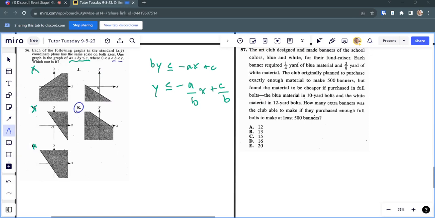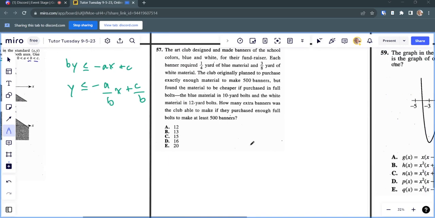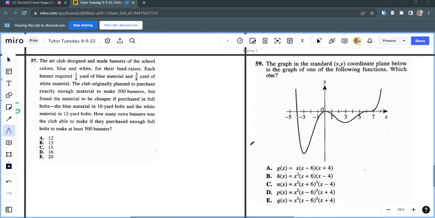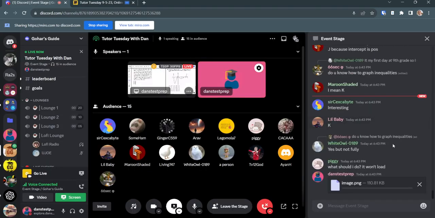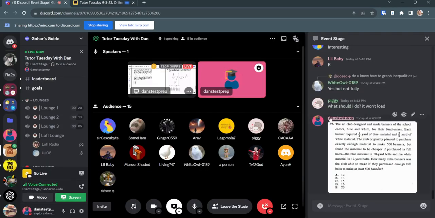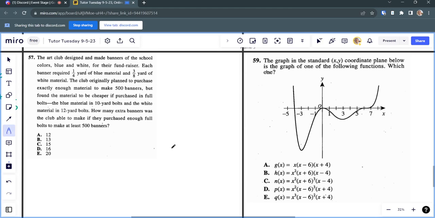Alright, let's see what we've got next. Number 57, which I'll paste in the chat, don't you worry. You can try solving this one on your own. It's a bit of a long question, but let me read it through. The art club designed and made banners of the school colors, blue and white, for their fundraiser.